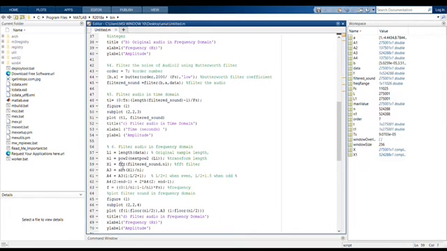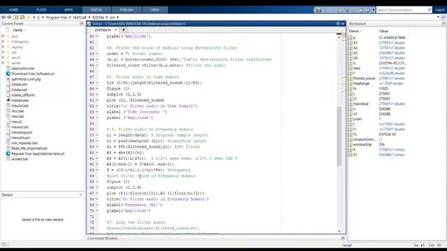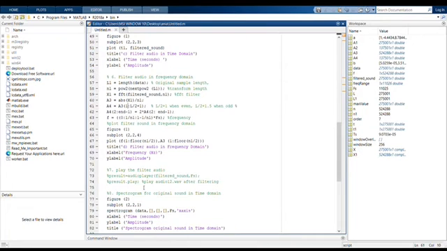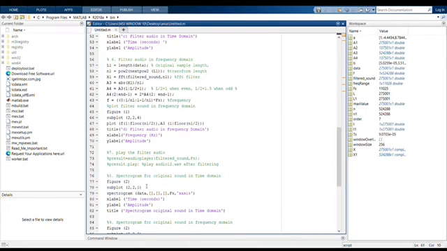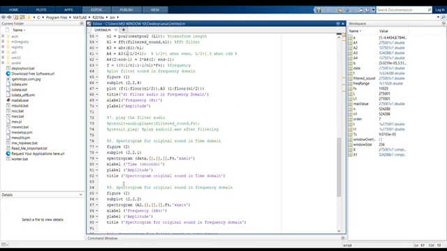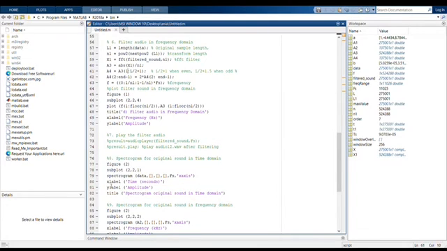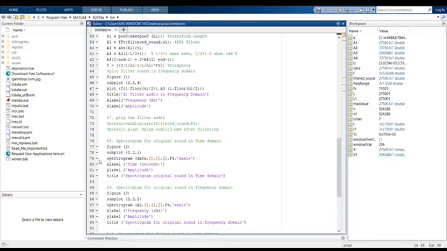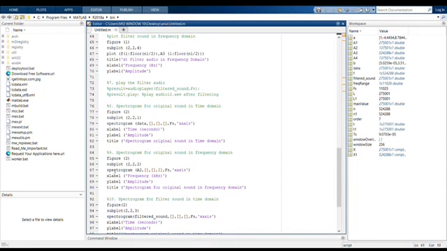For the frequency domain, we use FFT, the fast Fourier transform, and here this is the spectrum, and we can run the signal.